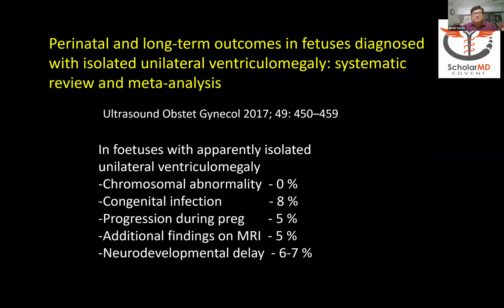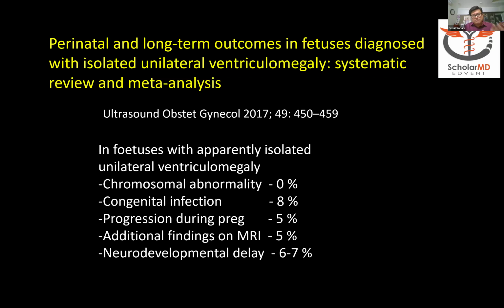Now, one study which came in 2017 was a systematic review and meta-analysis, and what they found was that in apparently isolated unilateral ventriculomegaly, the incidence of chromosomal abnormality was 0%, congenital infection was 8%, the progression during pregnancy was 5%, additional finding on MRI was 5%, and neurodevelopmental delay was 6 to 7%, which you normally also get in the normal population.